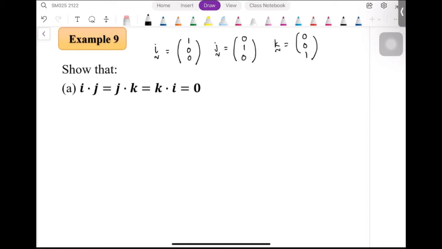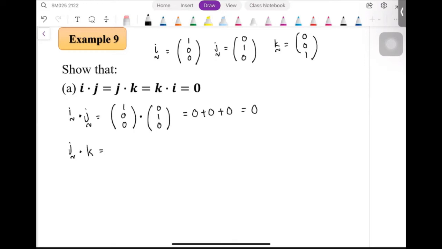Now, just straight away perform the dot product for what the question asks for. First one, we have i dot j. So basically 1, 0, 0 dot with 0, 1, 0. Here we will get 0 plus 0 plus 0. So the final answer will be 0. Now for the second statement, we have j dot k.